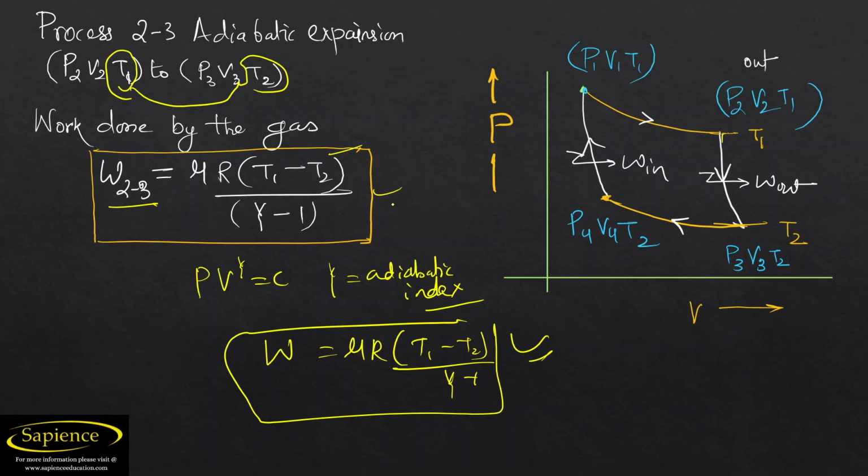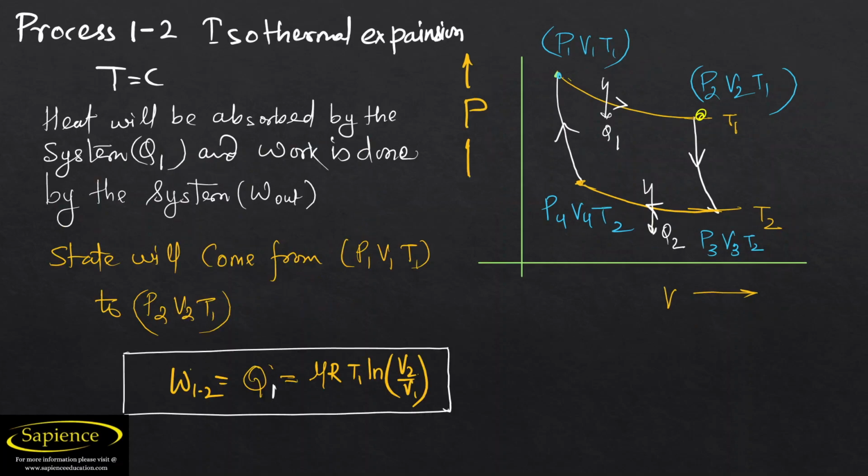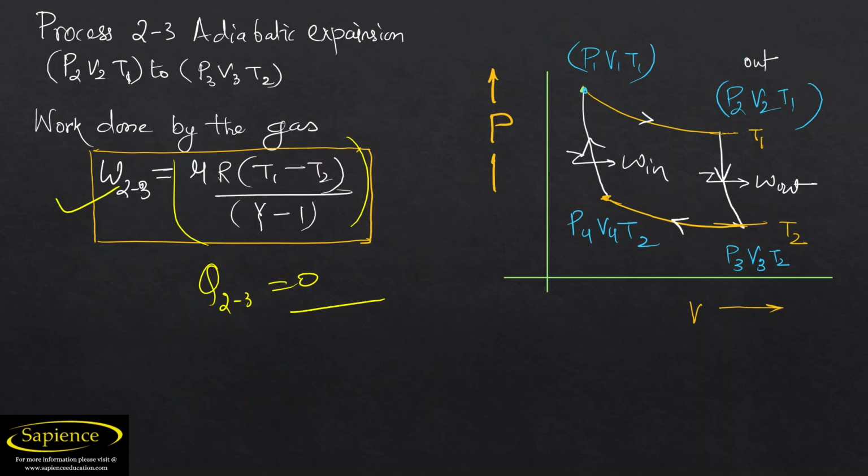There are so many other relations also, and you will be able to understand them in that video. I hope you have understood the work done from process 2 to 3. But no heat is there, so Q 2 to 3 is 0. But Q 1 to 2, or work done, is equal to mu R T1 ln V2 by V1. I hope you have understood process 2 to 3.